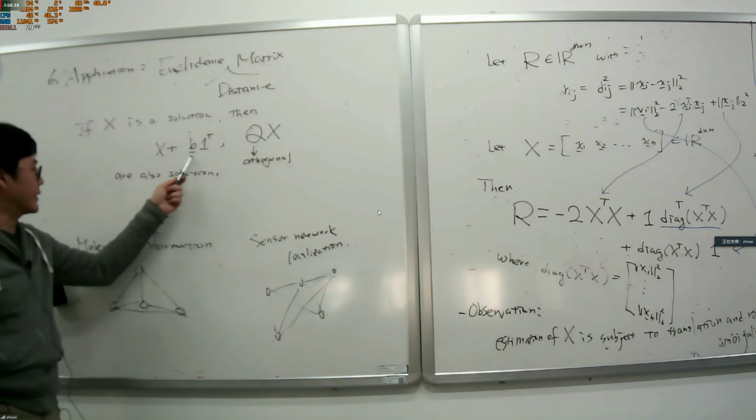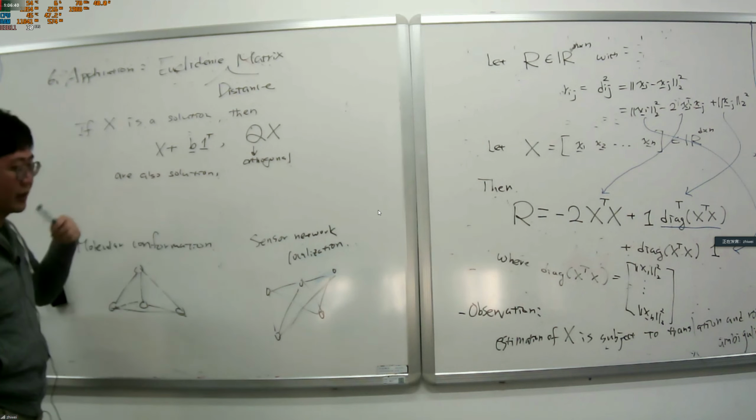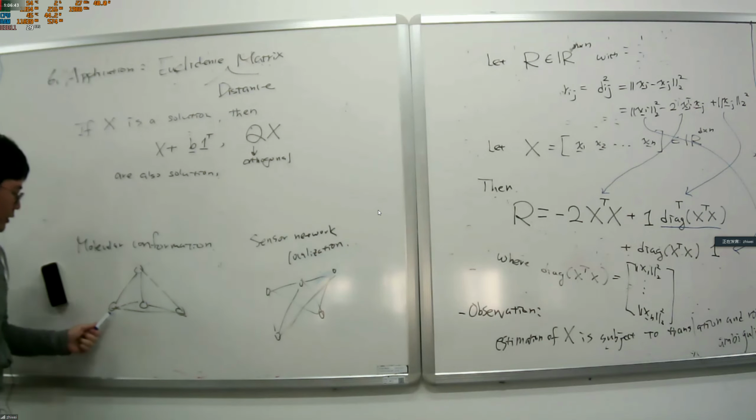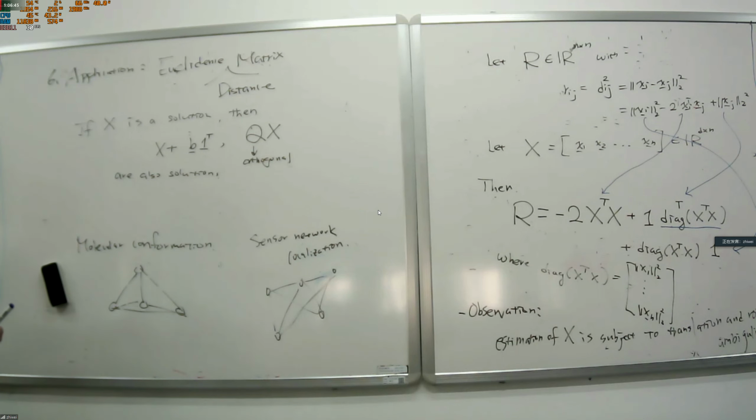To fix this is quite easy. Without loss of generality, we can assume one of the nodes is at location 0, for example.